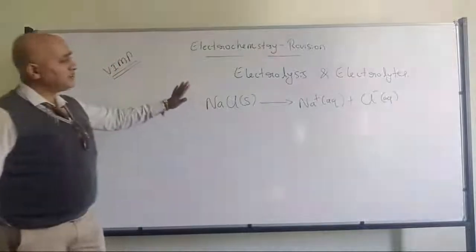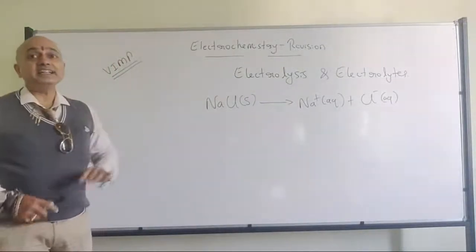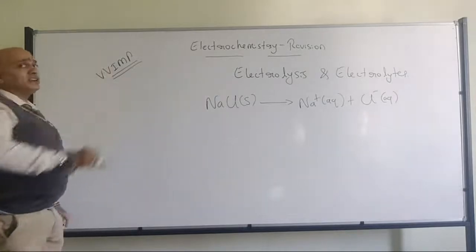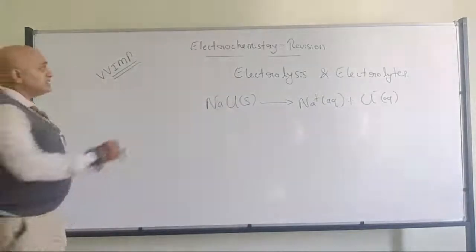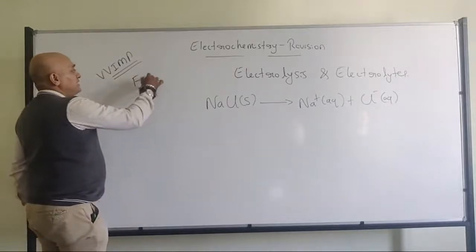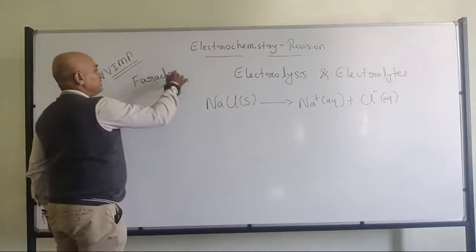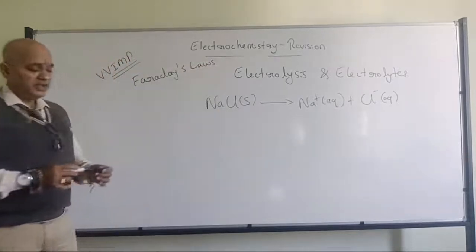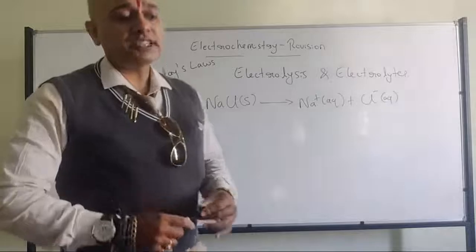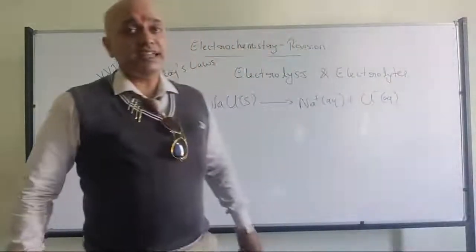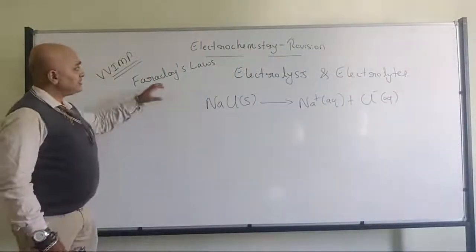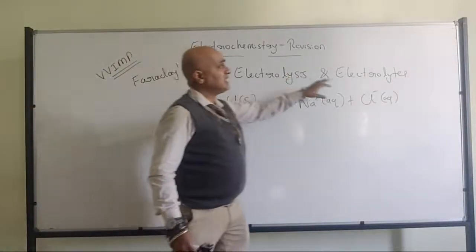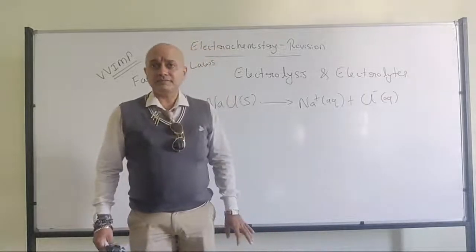Okay? Now that's where we have the electrolysis and electrolytes. Now I am coming to another very important concept, that is related to Faraday's laws with respect to electrolysis. Therefore, to understand Faraday's law, you should know what you mean by electrolysis and what you mean by electrolytes.